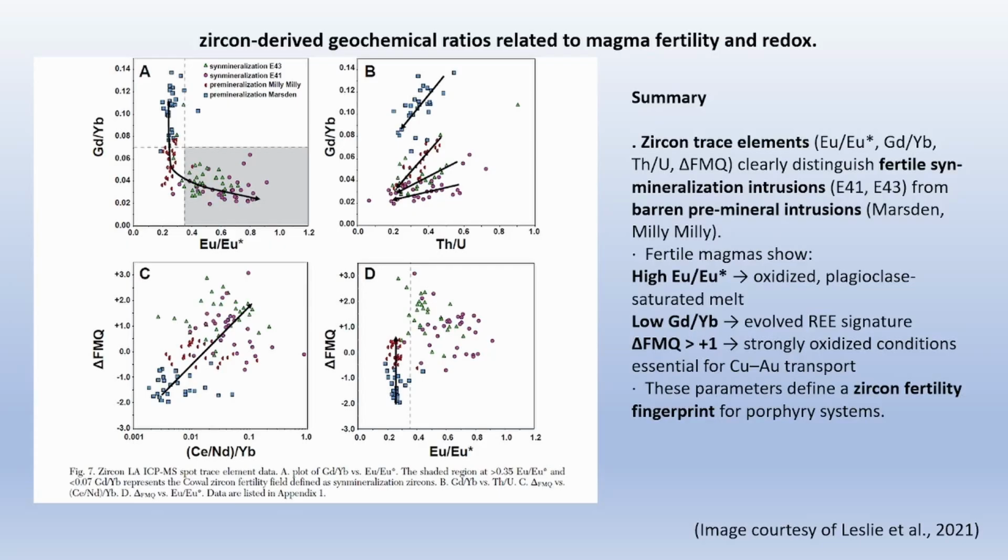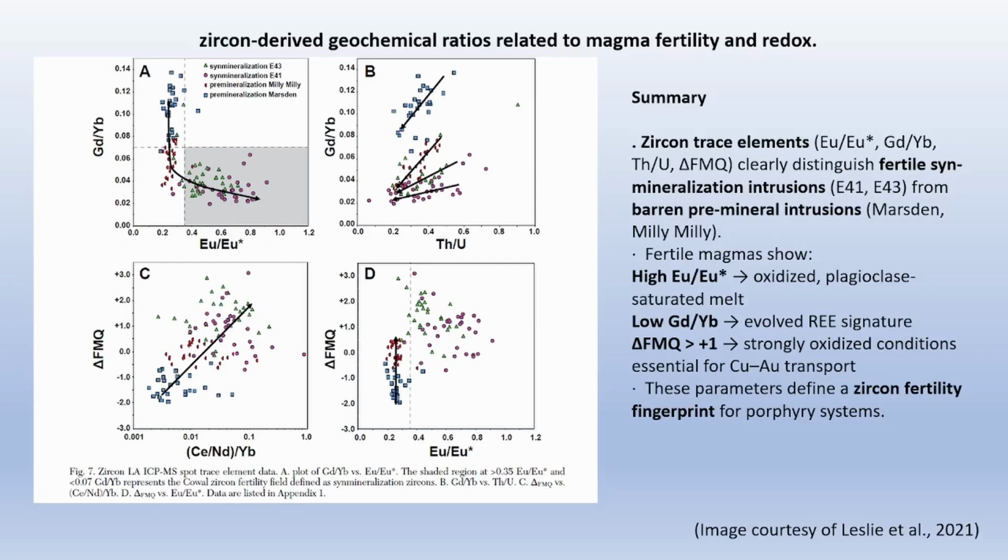And we have panel D, which is delta FMQ versus europium ratios. So finally we come full circle: oxidation versus europium anomaly.